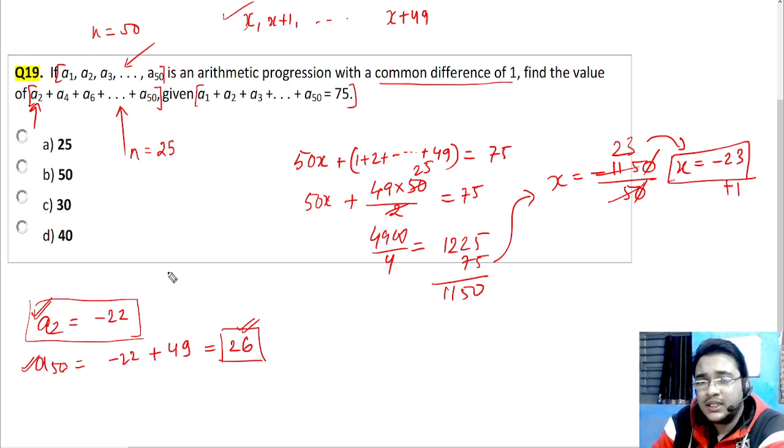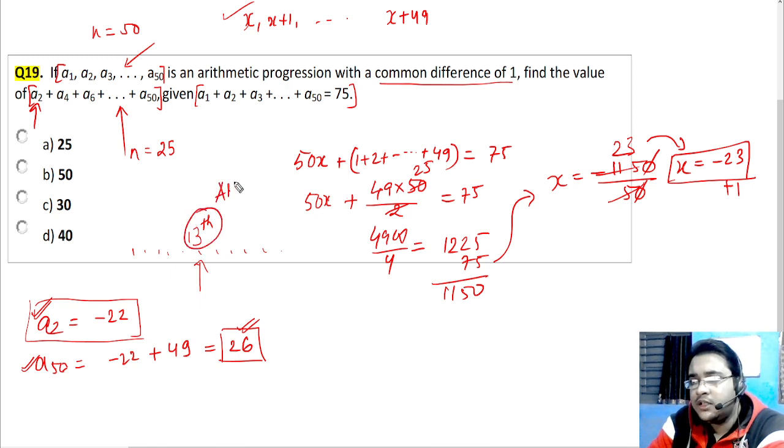If there is a string of 25 numbers, the 13th term is going to be the arithmetic mean, and I just discussed that we find the sum total of the second sequence through the arithmetic mean into the total number of terms. I already know the number of terms, that is 25.